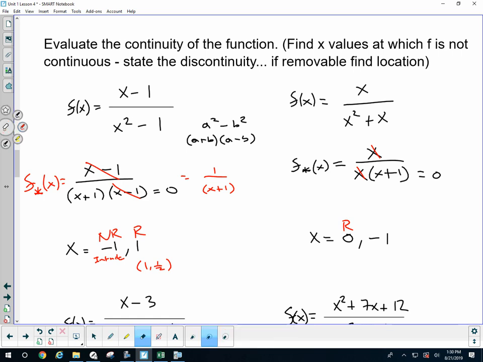Now that creates my simplified f star function, 1 over x plus 1, which I can plug 0 into, and I get 1 over 1, which is 1. So the removable's location is at (0, 1). Now I can't plug in -1 here. I'd get a number over 0 if I plugged it into any of these f's or f stars. That is confirming that this is my non-removable infinite discontinuity. It's my vertical asymptote.